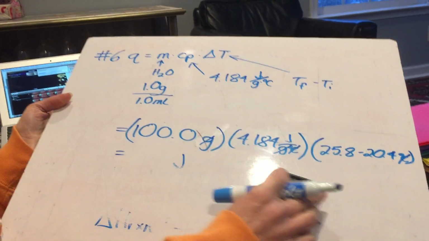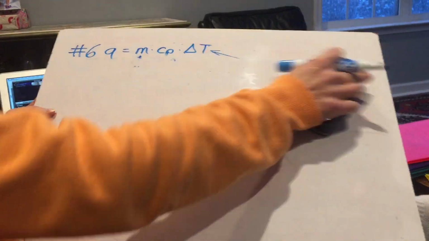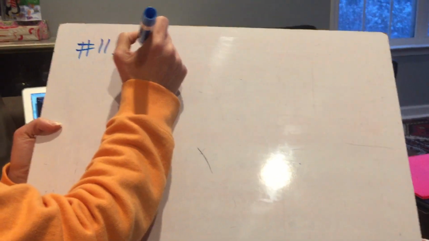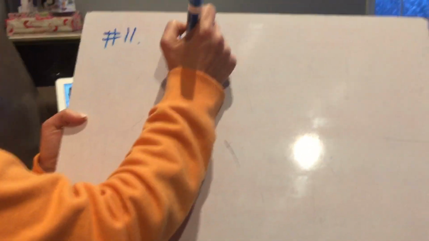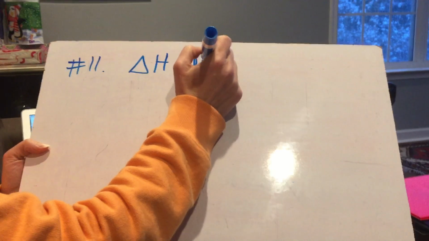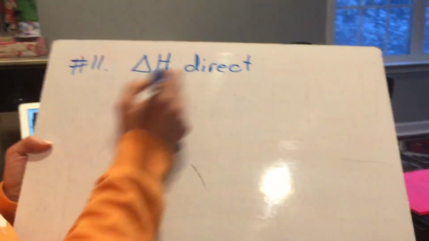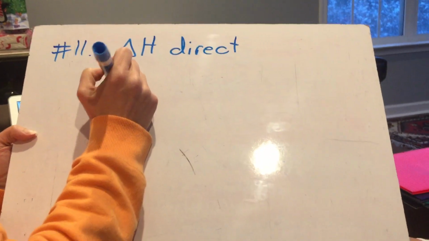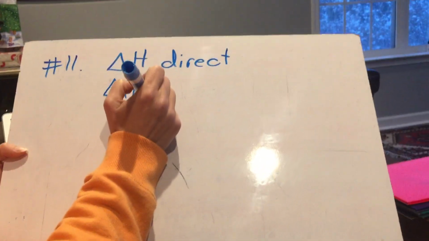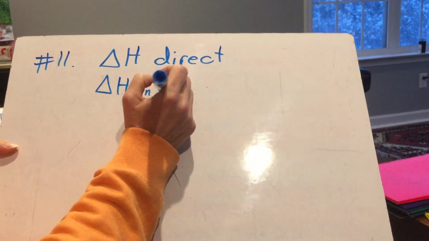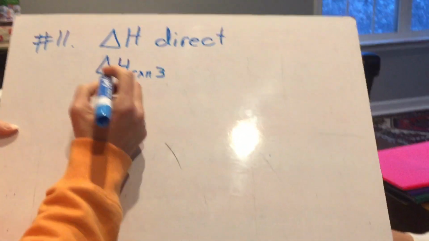Okay, so the last two that we might have some questions about would be number 11. In terms of calculating delta H directly, that's going to be when you determine delta H of reaction number 3. That's calculating delta H directly.